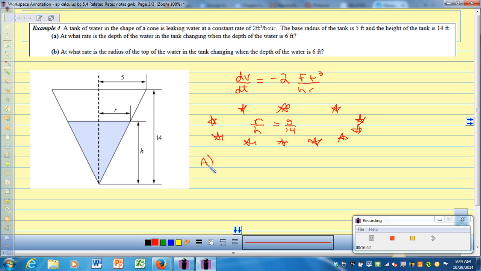What am I looking for? The dh/dt, because they have the depth measured as h. So we are looking for the dh/dt, when the depth of the water is 6 feet. So our h is 6 feet.